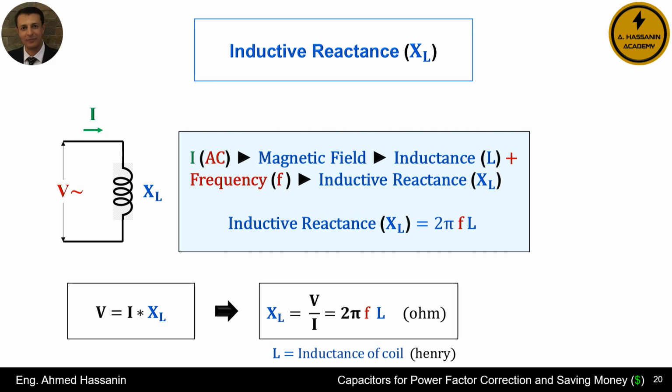Since this inductive reactance is present in the circuit, we find that the voltage, V, is equal to the current, I, multiplied by the inductive reactance, XL. That is, voltage equals current multiplied by inductive reactance, XL, and therefore inductive reactance, XL, equals voltage divided by current. As mentioned earlier, inductive reactance is measured in ohms.